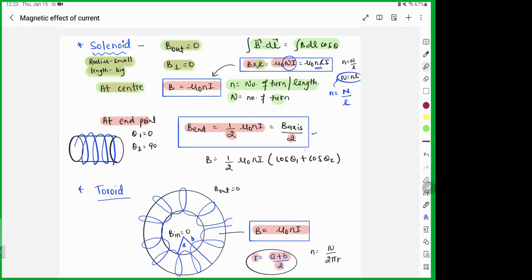Okay, done. At the end point, you are taking one side only, not both sides. So one angle will be zero, another angle will be 90. You know, cos 90 value is 0 and cos 0 value is equal to 1. That's why whatever was your value at the center, half of the value will be present at the end.